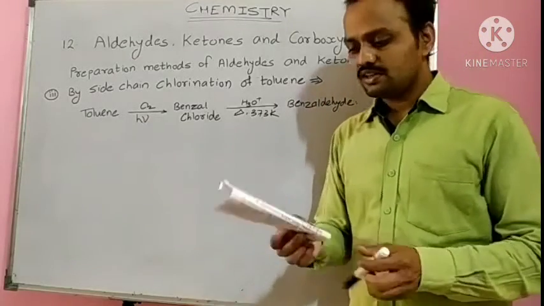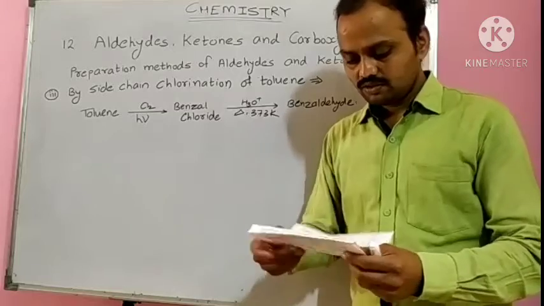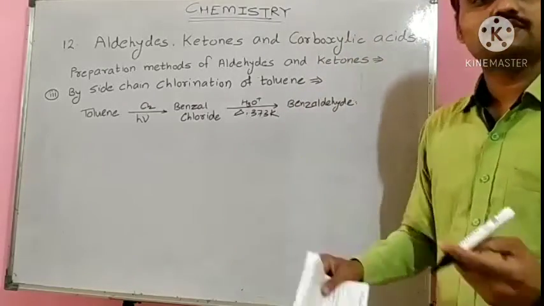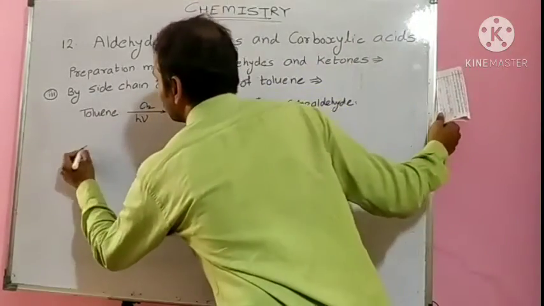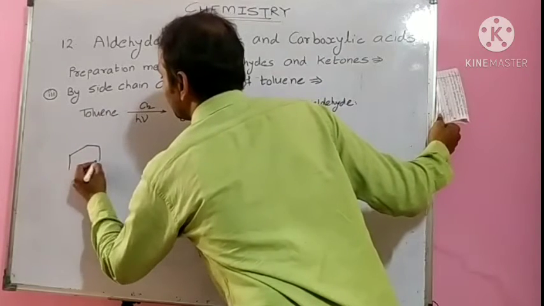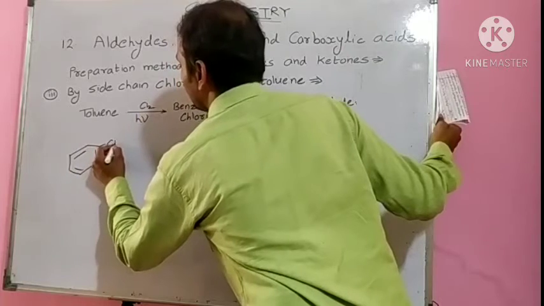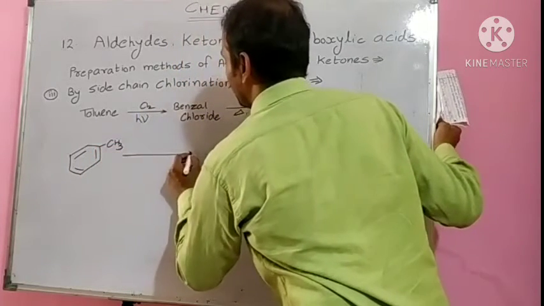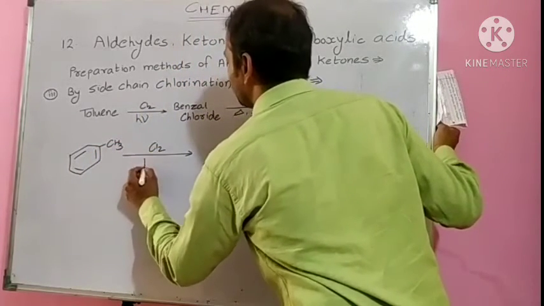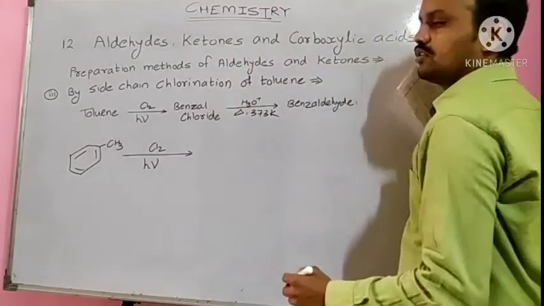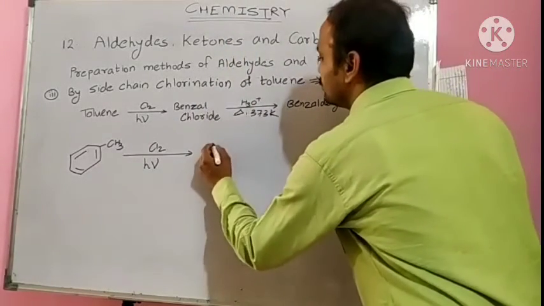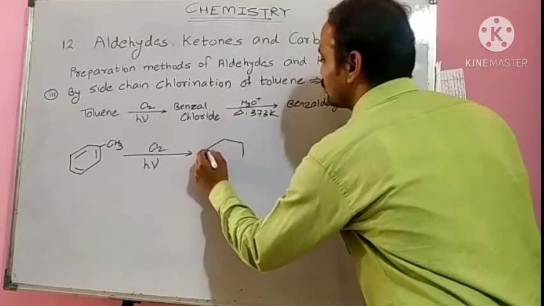I will write the reaction for the same, then you can understand better. Toluene on chlorination in the presence of UV light gives benzyl chloride.